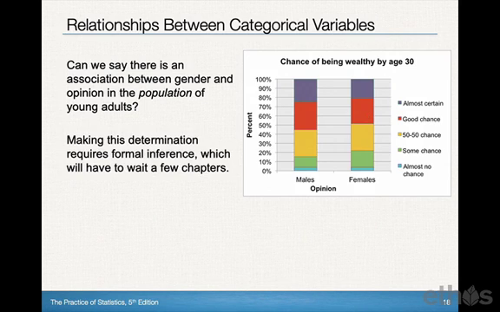It was a much more clear answer than what I just said, and I hope you recognize that. But here, I think it's a safe assumption to say that men have a generally more positive outlook on their chances for being rich in their lifetimes. But we cannot say being male necessarily caused them to have that opinion. We'll have a test for judging things like that later on, but right now we can say it seems that gender is associated with people's opinion about their future prospects for wealth.